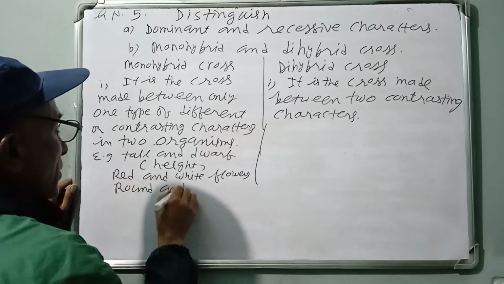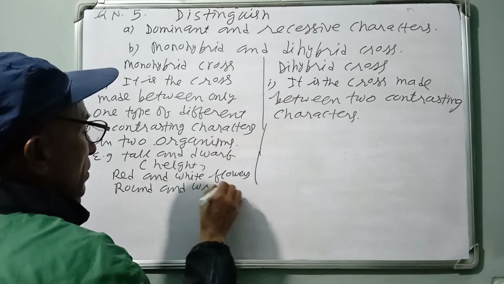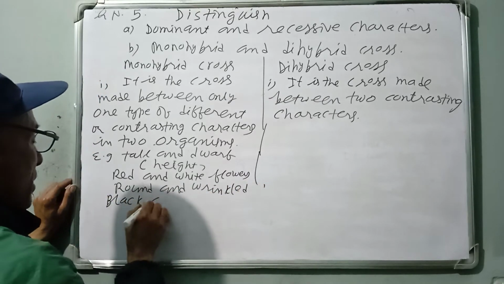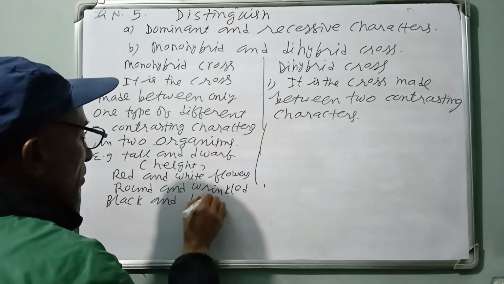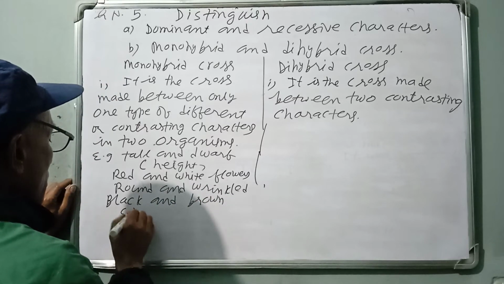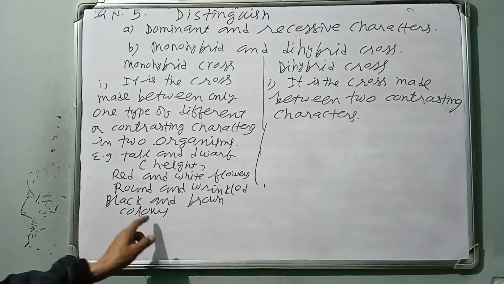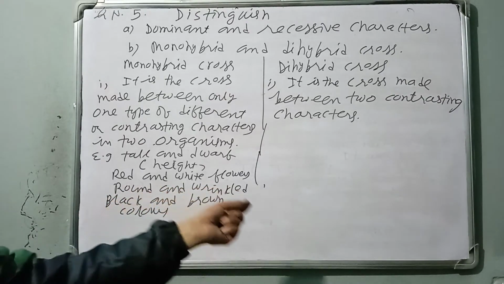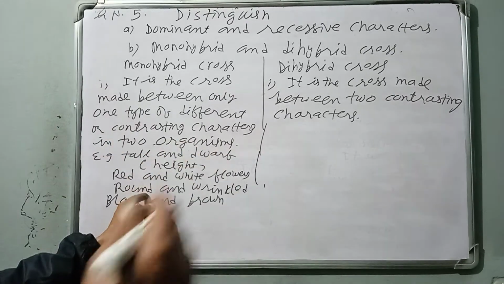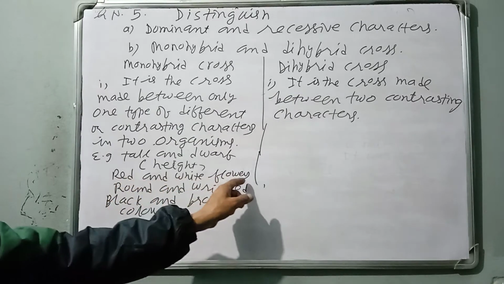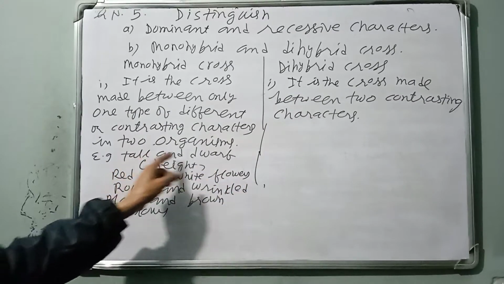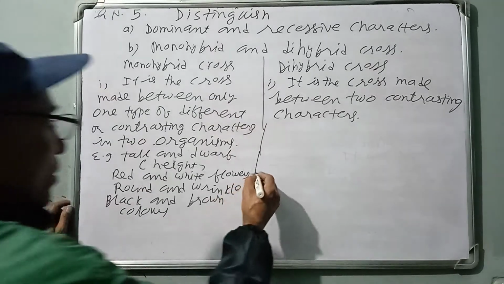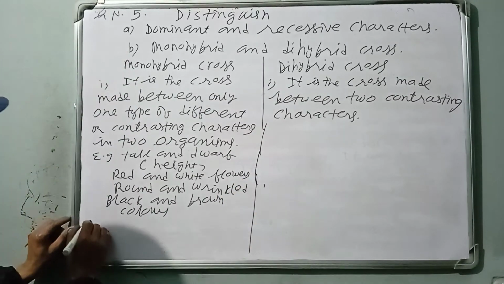Round and wrinkled, black and brown. About colors only. Round and wrinkled is about shape. Red and white flowers, color. Tall and dwarf, height. Mainly height and color in monohybrid cross.